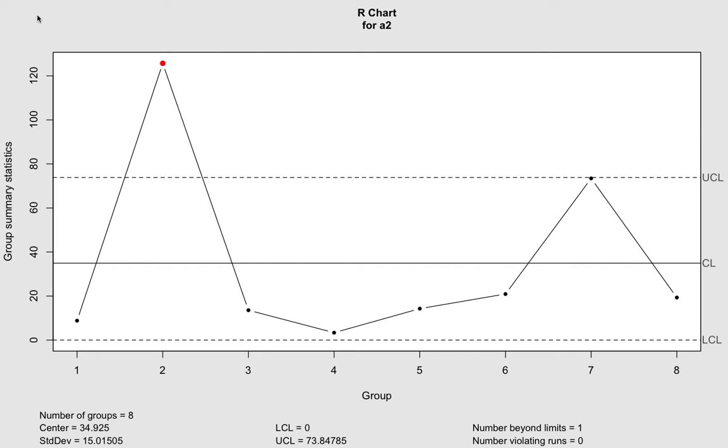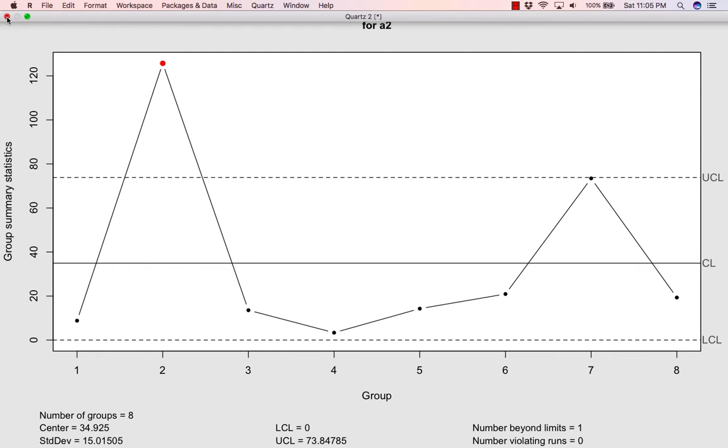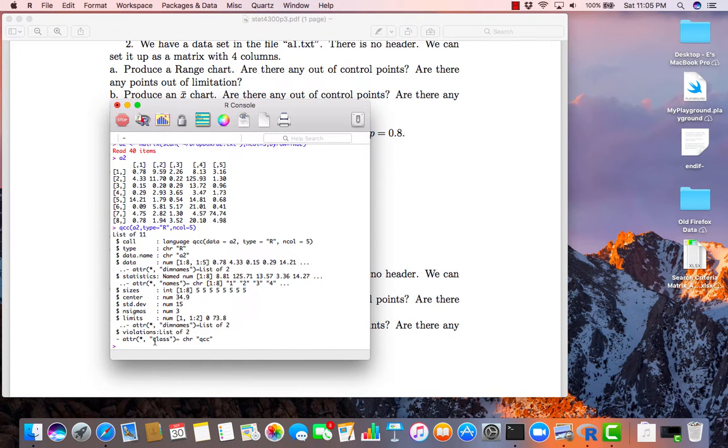Now, strictly speaking, as soon as we get the range chart that has a number violating a limit, we have invalidated our x-bar chart. Okay, so our x-bar chart is no longer any good. I went ahead and did it just for practice. You don't have to. It's just good practice while we're doing it.